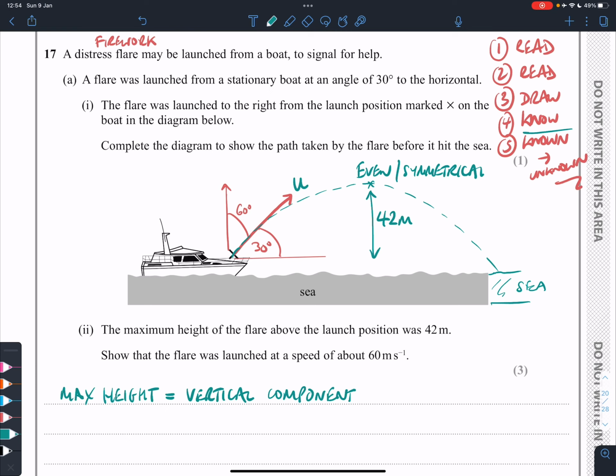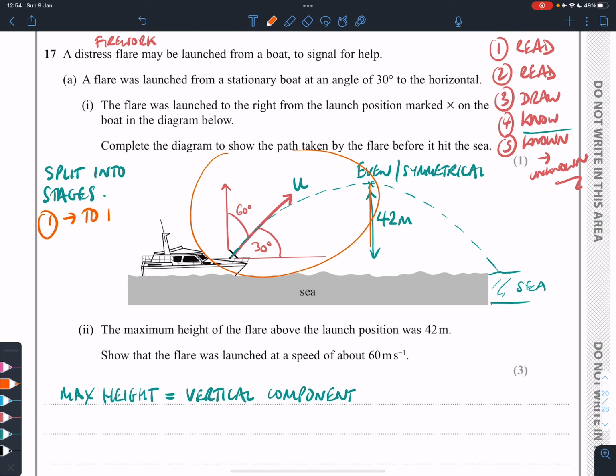Nearly always you split it into parts, split into stages, if you like. The stages are like part 1, the first part, which is everything that happens up to it reaching its maximum height. 1, so to the top, max height.